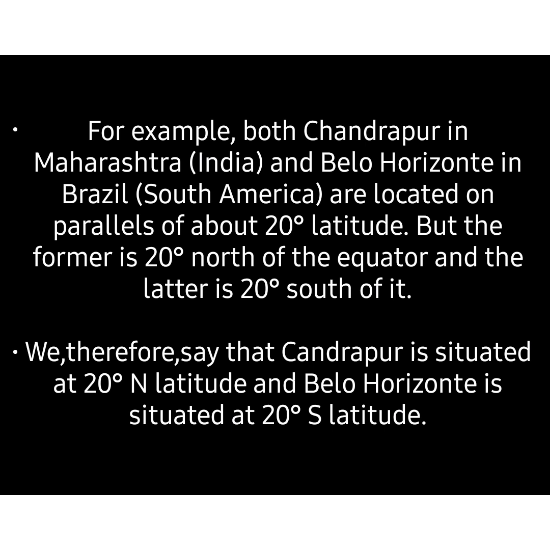But what is the difference? The former, Chandrapur in Maharashtra, is north of the equator. And the latter, Belo Horizonte in Brazil, South America, is in the south direction. So Chandrapur will be situated at 20-degree N latitude, N meaning north latitude, and Belo Horizonte will be situated at 20-degree S latitude, S meaning south.